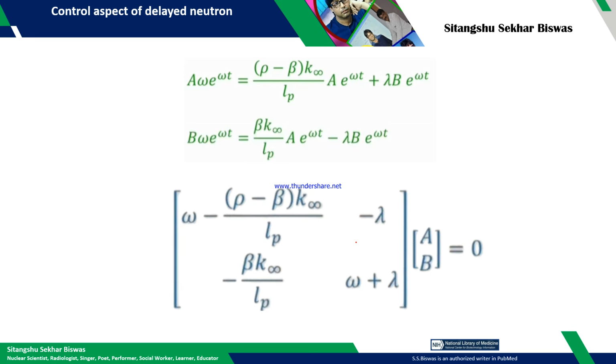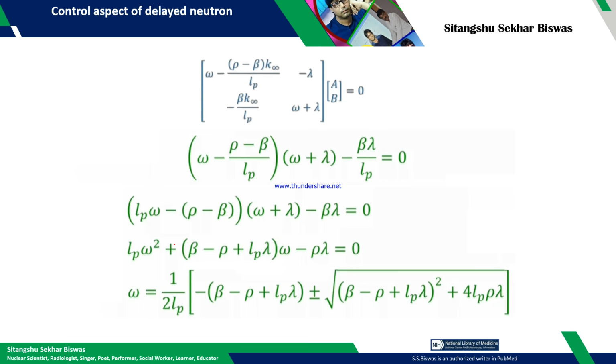Now if you take everything to the left hand side and write it in matrix form, it will come like this. To get a non-trivial, that is non-zero, solution, consider one equation, x square minus x equal to 0.